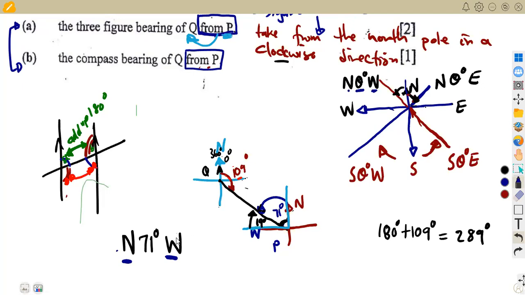So you see that sometimes you are given it as a three-figure bearing, or as a compass bearing, to sketch the diagram. You're also supposed to consider it the same way. For example, we are given the compass bearing of A from B, which is in this case maybe south 30 degrees to the east.